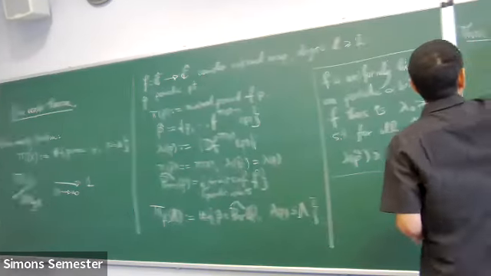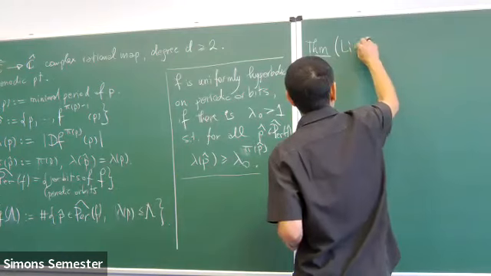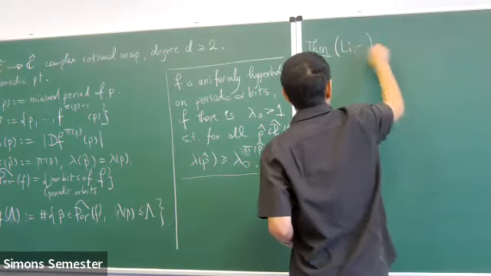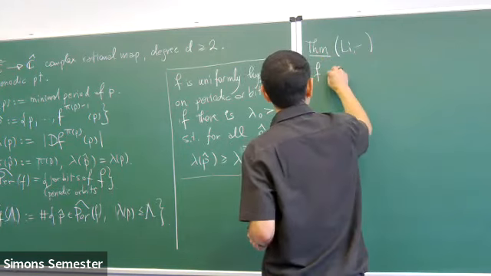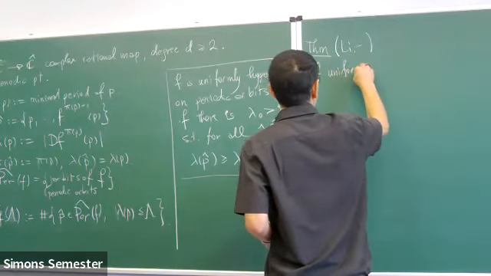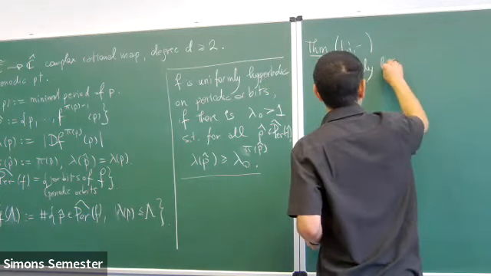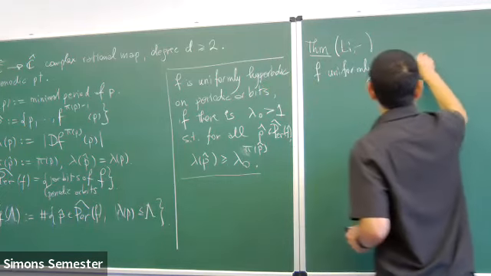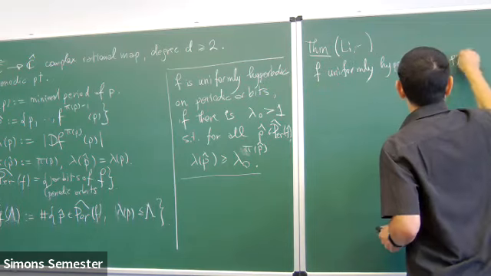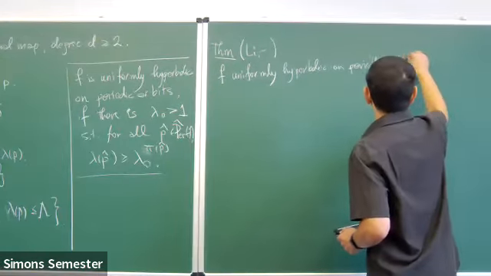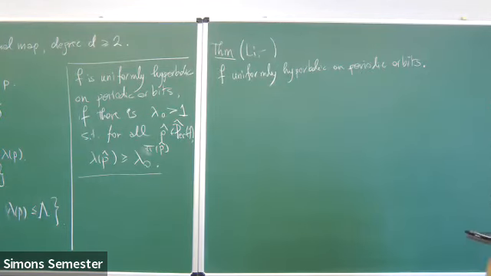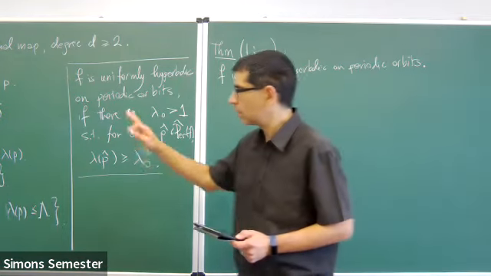All right, so the theorem is joint work with a collaborator and myself. Okay, so we take F as before, uniformly hyperbolic on periodic orbits. And we need to exclude a few cases where it's relatively easy to see that the conclusion is false.